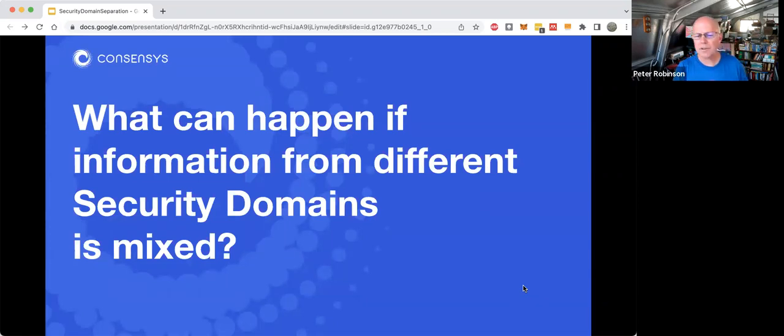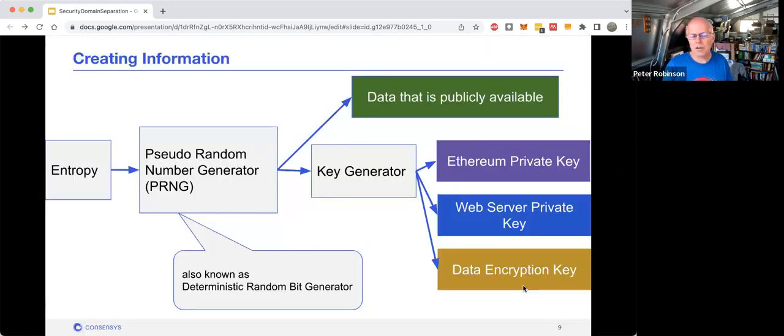So what happens though if you were to mix them up? You can imagine a lot of people create their software in this sort of way, where you have a PRNG, a pseudo random number generator, which you might also hear called a DRBG, a deterministic random bit generator, really trying to hammer home that it's an algorithm, it's deterministic, and the input to it is entropy.